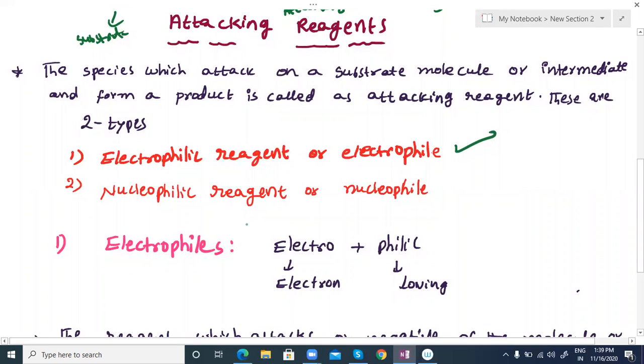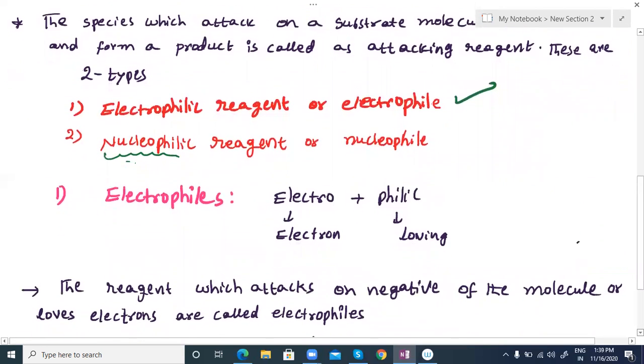Nucleophilic species can love the nucleus, so they will have more electrons. Electron is negative character, nucleus is positive character. Nucleophilic reagent can love the nucleus, so it should have more electrons. These are opposite.